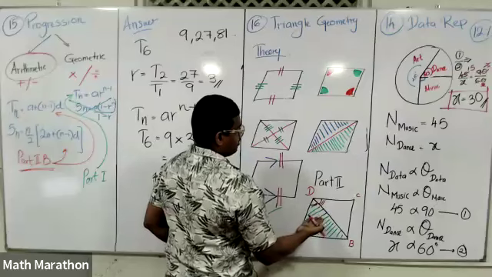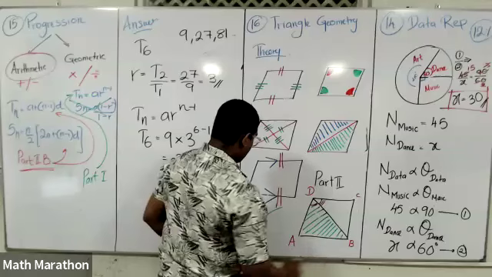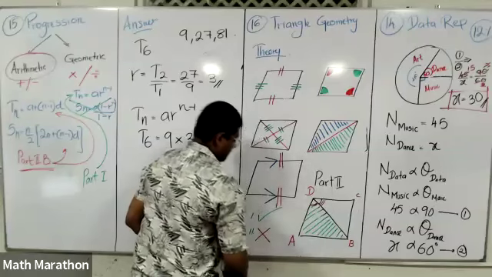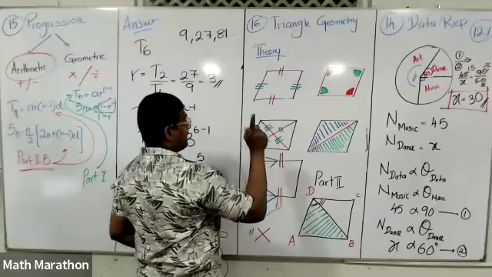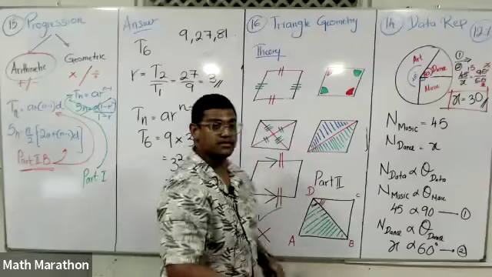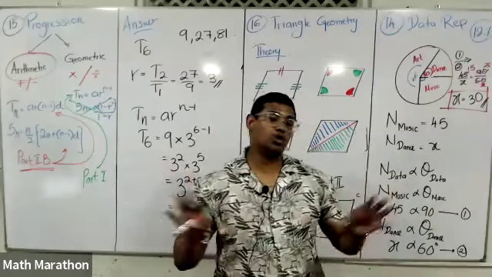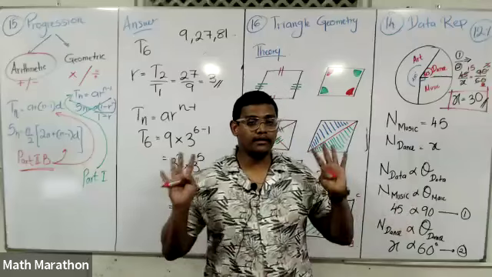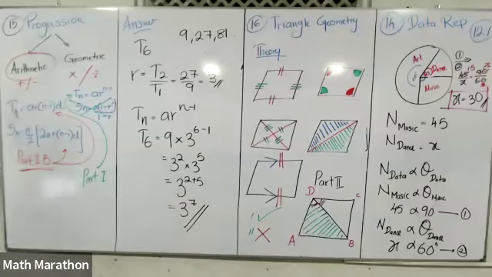So the second one is wrong. We only speak about the diagonals bisecting each other. We never speak about angle bisectors. So if they are talking about angles being bisected, no. Parallelograms never prove it.